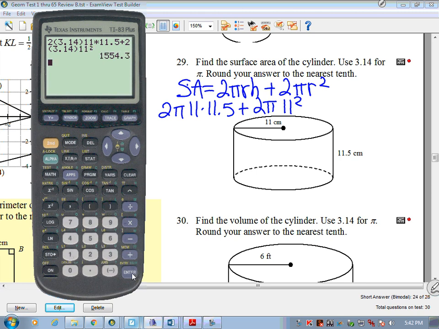If we've done all that right, we'll check our answer here. We should get 1,554.3. And that's going to be in centimeters squared.